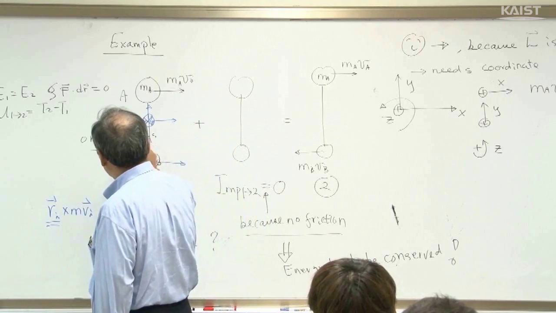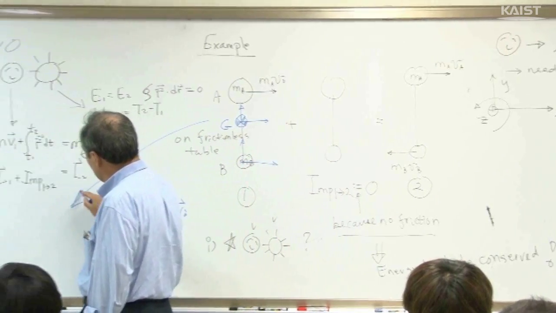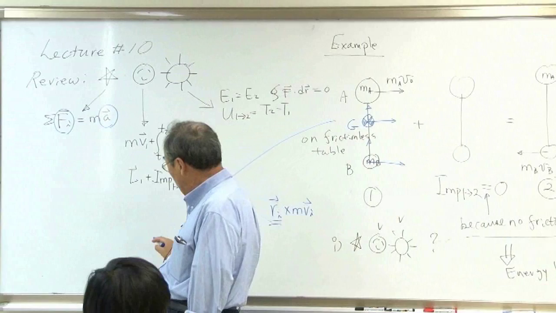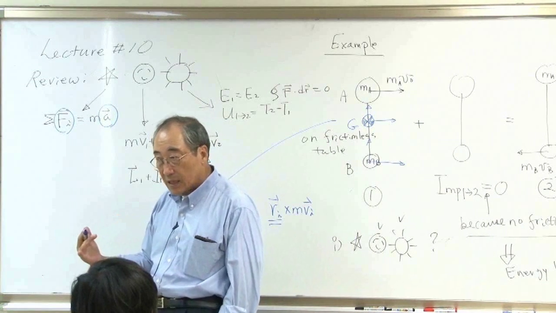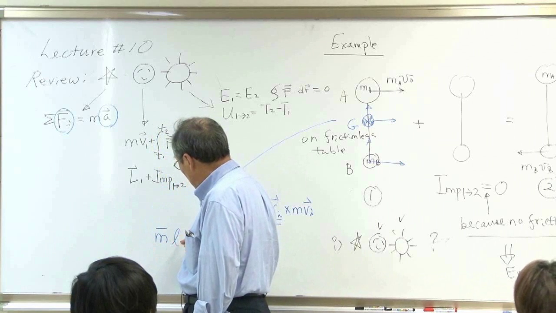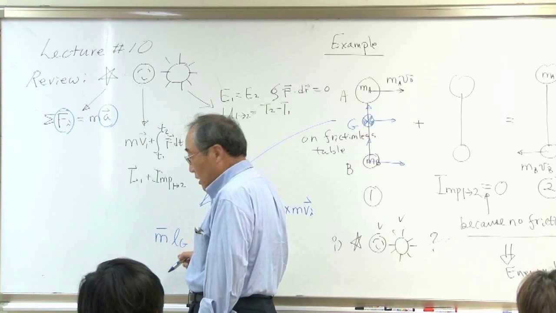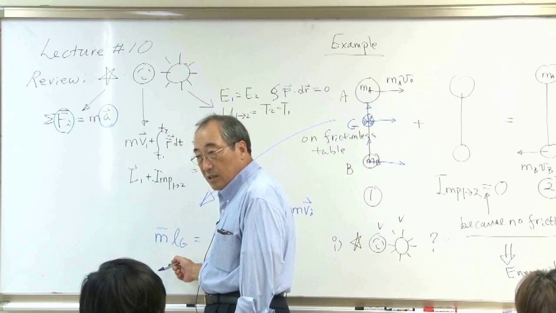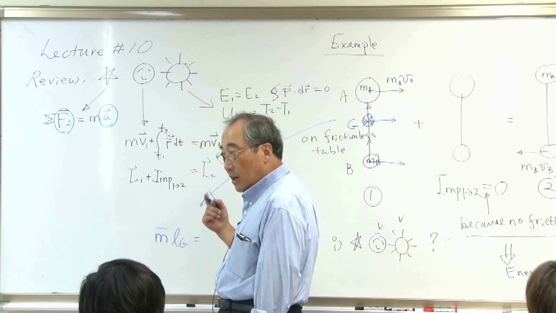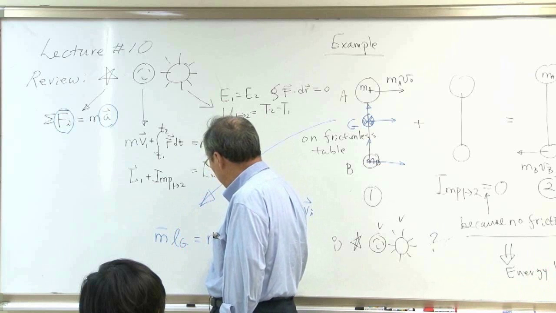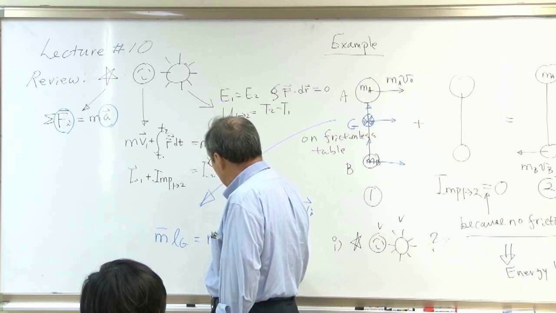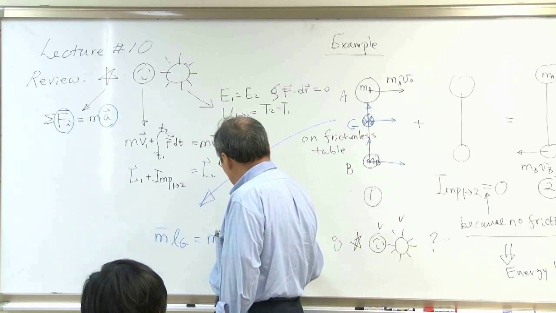Okay, G is the mass center, so I can write m bar, that is the total mass, and L_G is the distance of the center of mass. That has to be M_A L_A plus M_B L_B.